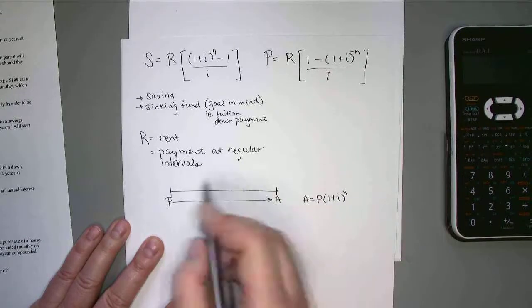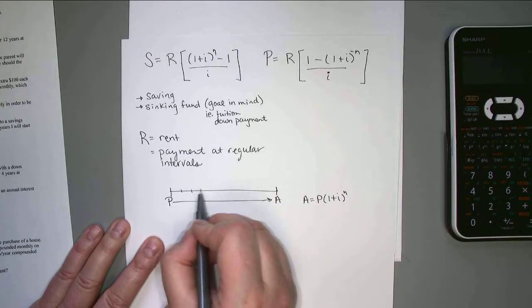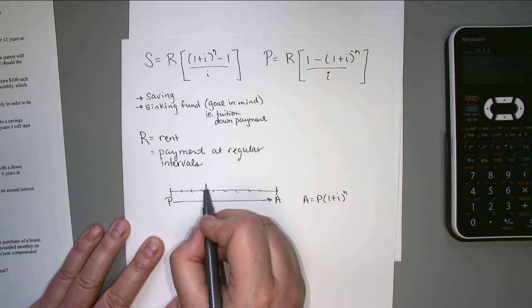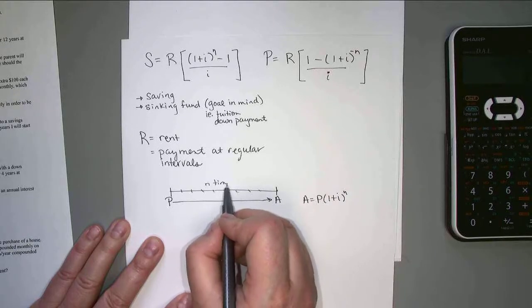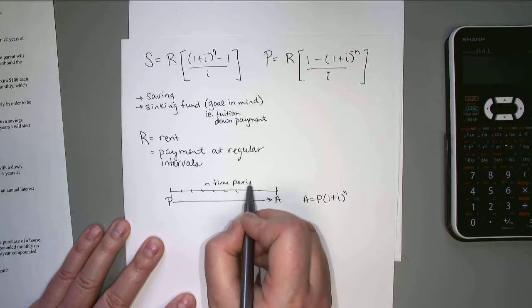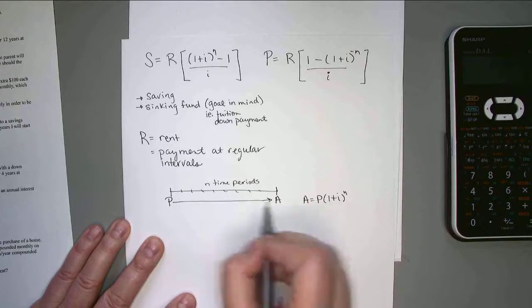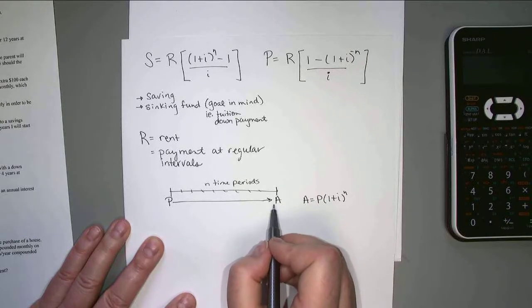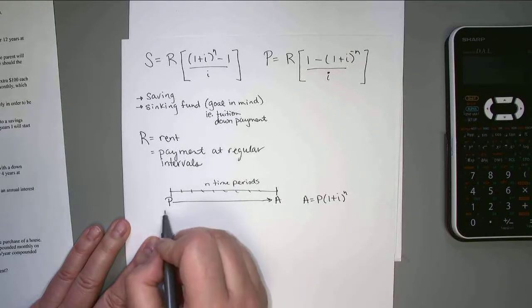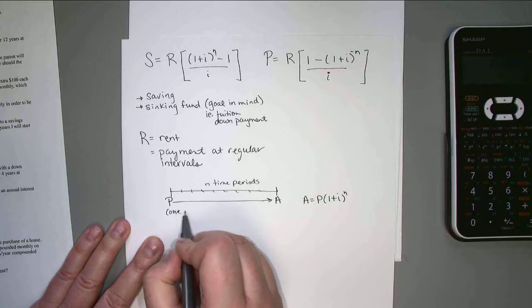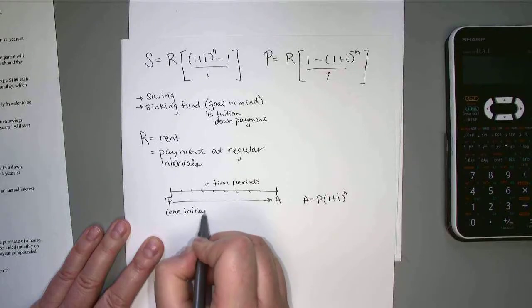So it moved across n periods, and it grew, and it was an amount at the end. Okay, so that's compound interest. That's one initial deposit.